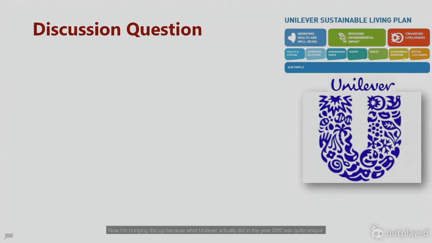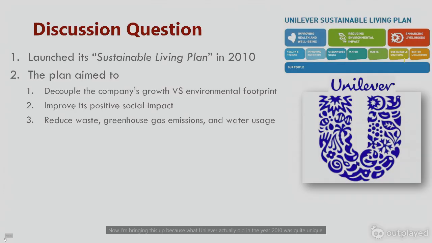Now, I'm bringing this up because what Unilever did in 2010 was quite unique. This was the era where corporate social responsibility was quite prevalent. Companies don't necessarily pursue profits only, but are also responsible for social impacts too.